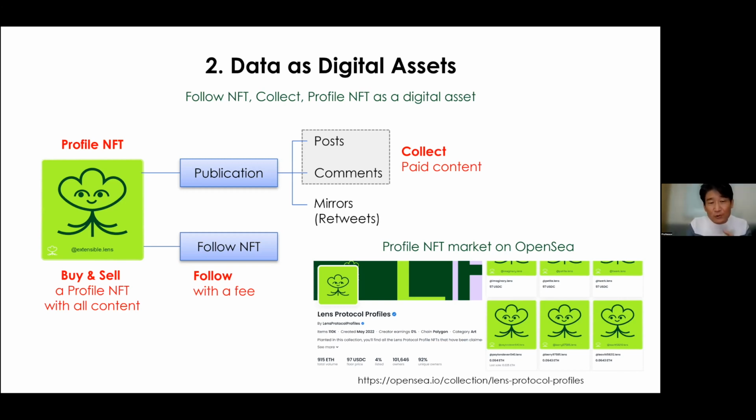Lens protocol provides three different monetization schemes. Anyone can buy your posts by collecting. So if a reader is satisfied with your content, they collect your posts or comments with a fee. So it is paid content.